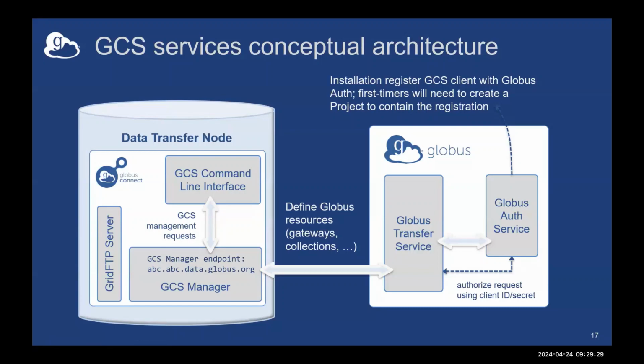It is accessible by a fully qualified domain name, a DNS name, which can be used, and I'll show you later. And there is a GridFTP server that actually does transfers when requested.